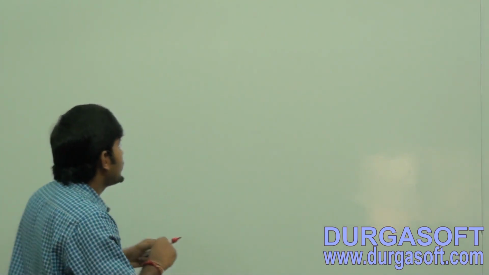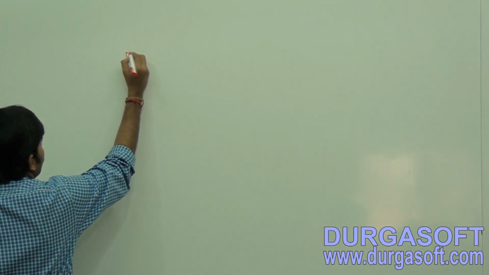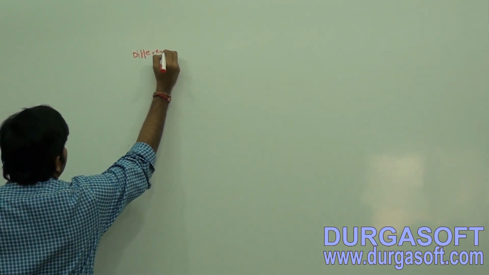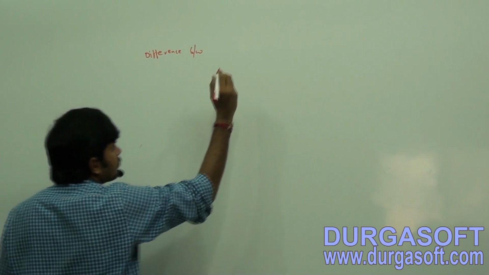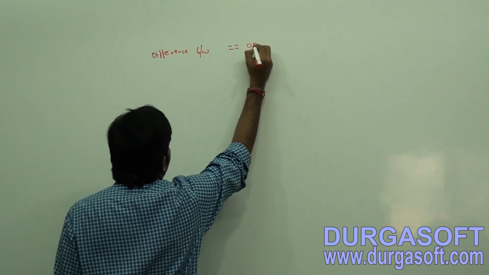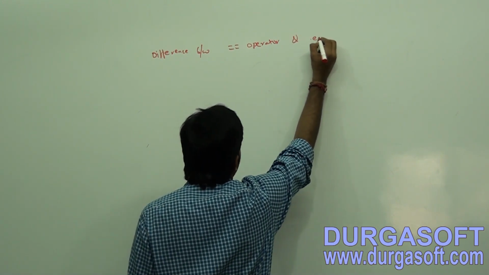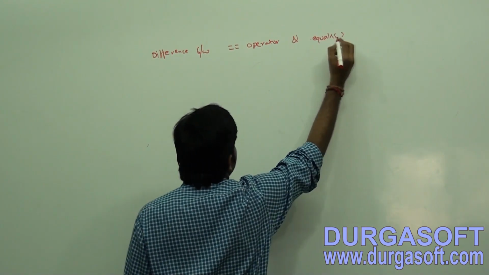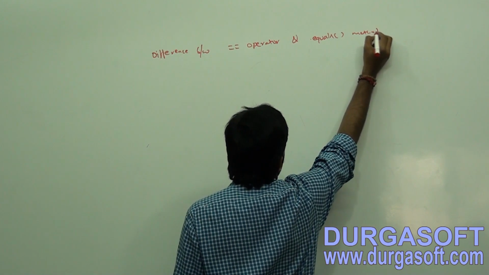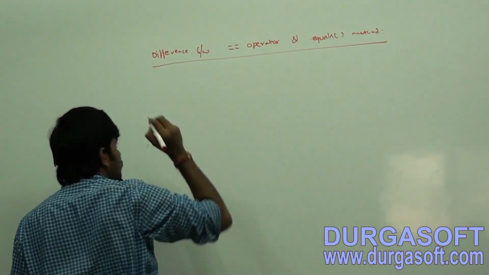What is the difference between the double equal operator and the dot equals method?